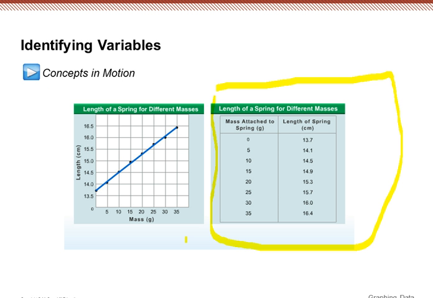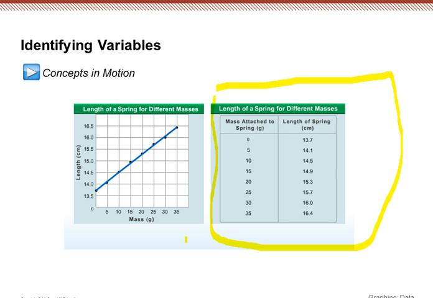Taking a quick look at this table and graph here, if we look at the table on the right, we can see that the mass attached to a spring in grams is listed. We have 0, 5, 10, 15, 20, and so on. And we can observe the length of the spring. So the mass attached is our independent variable, because that's what we're changing, and we are observing the length of the spring.